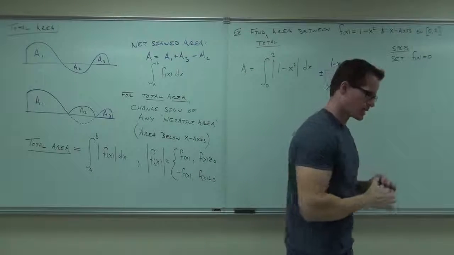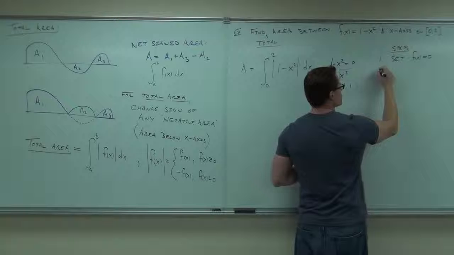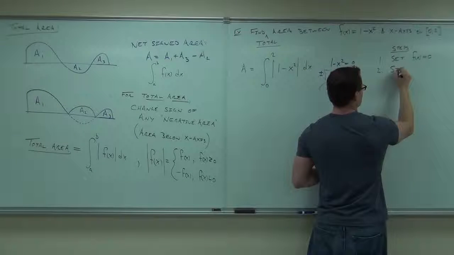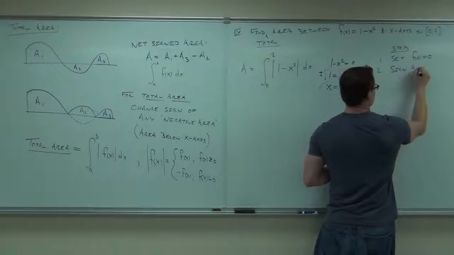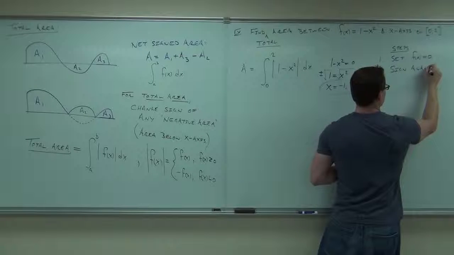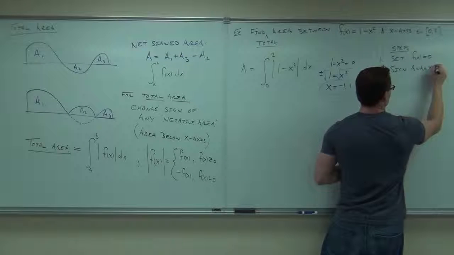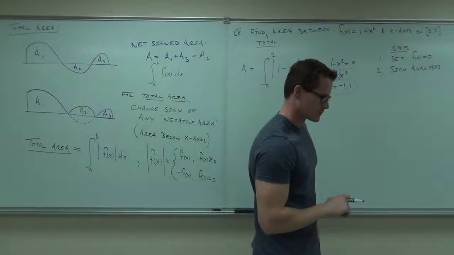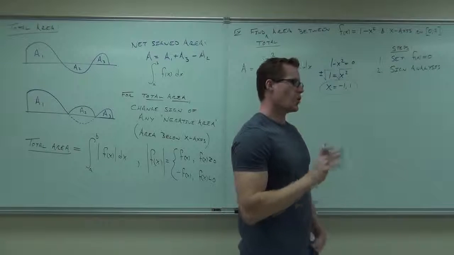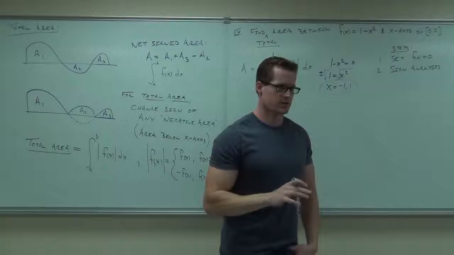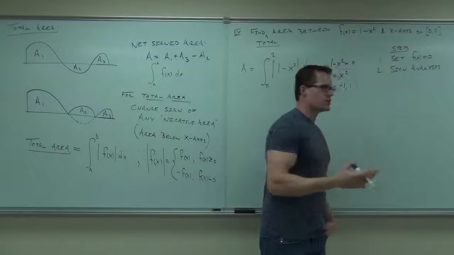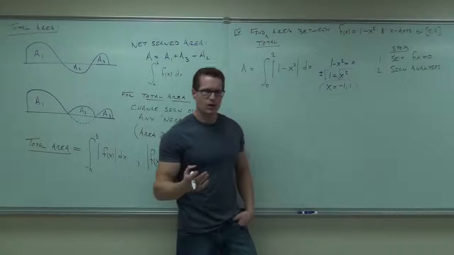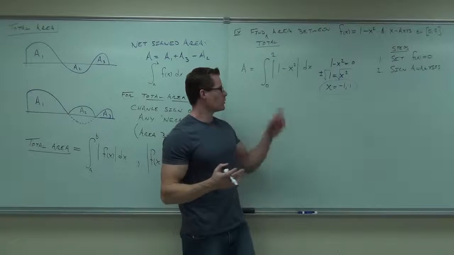You've got to set this up correctly. What you're going to do is a sign analysis test. But you only need a few of these points. What points do you need? Well, let's see. Do you need the 0?